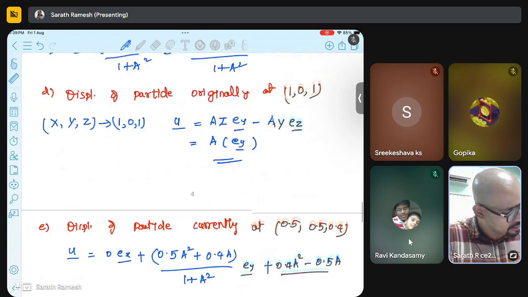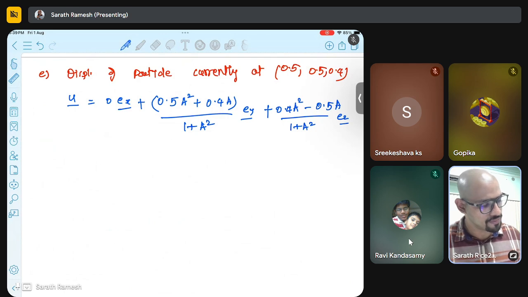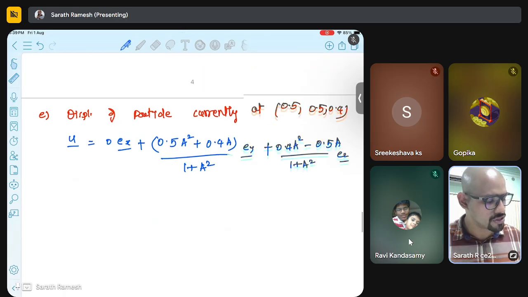Easy, that's it. Just simple substitution once you have found the vector. So that finishes the first problem.